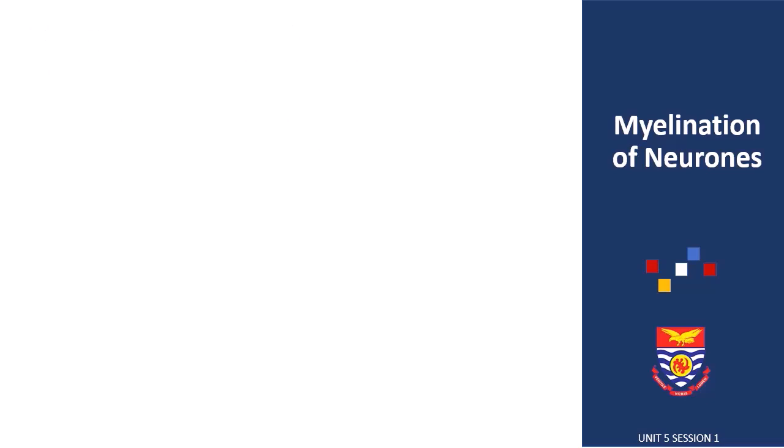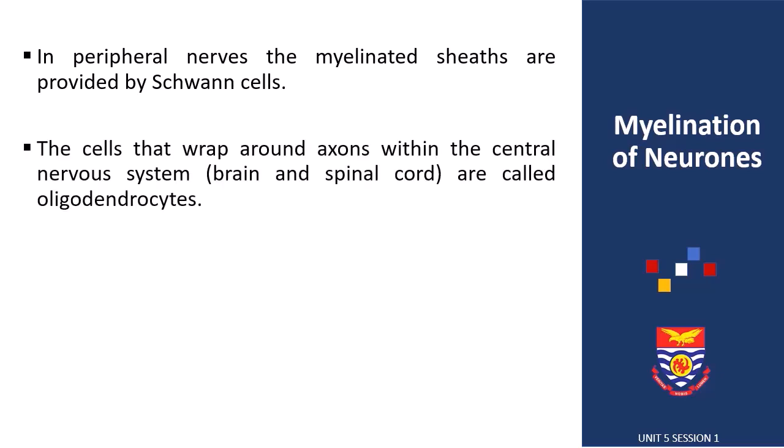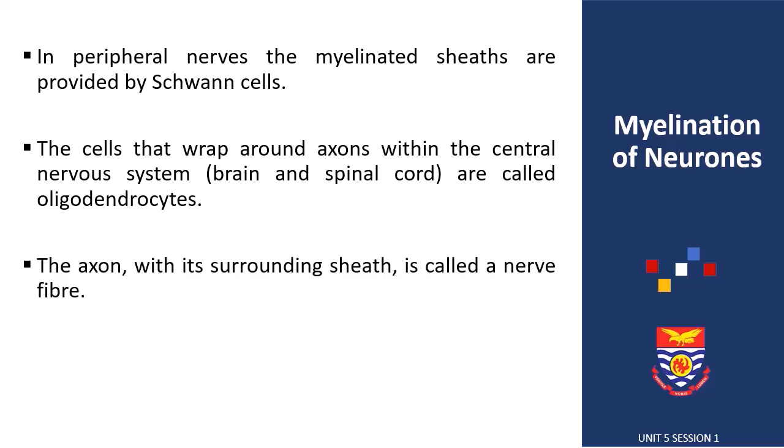The myelin sheaths which wrap the axon in peripheral nerves are provided by Schwann cells. These cells were named after Theodor Schwann, a biologist who was the first person to describe them. However, the cells that wrap around axons within the central nervous system are called oligodendrocytes. For a nerve cell, the axon together with its surrounding sheath is called a nerve fiber.